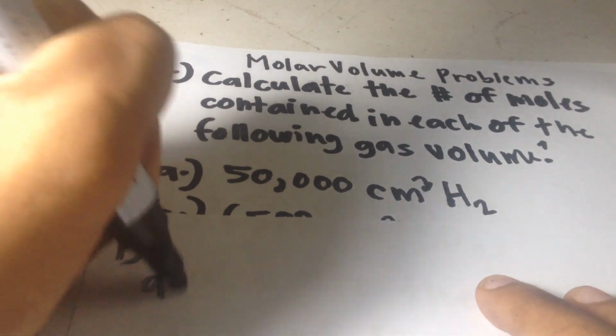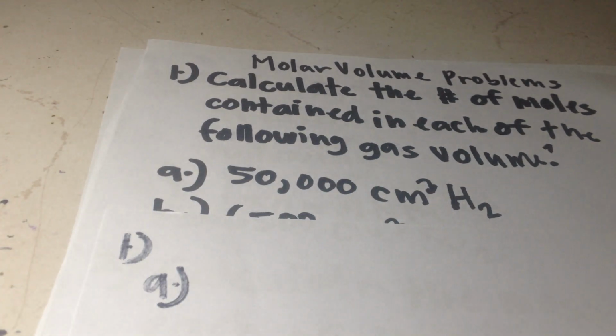In number 1, letter A, we have 50,000 cubic centimeter.